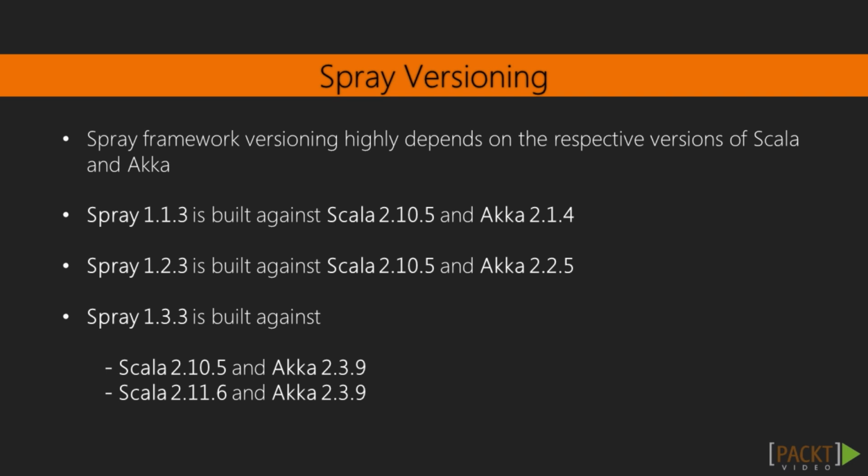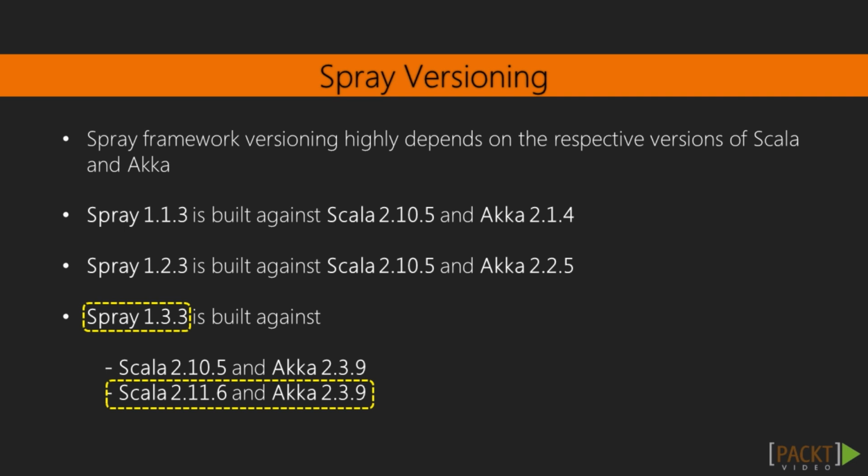There are many versions of Scala available in the wild, but the most recent ones are 2.10 and 2.11.6. Every application, framework, or library, including Spray and Akka, is developed and released against one or several versions of Scala.